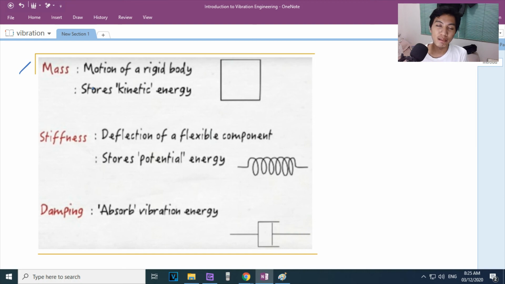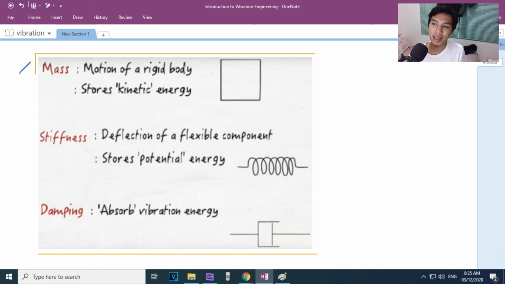Kasi nga, yung dampers mo will absorb a certain vibration at a certain amount. And considering that, yung motion, yung energy na yon, that will be absorbed by a damping body.